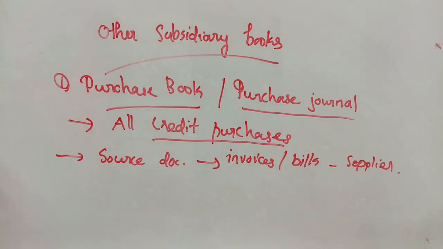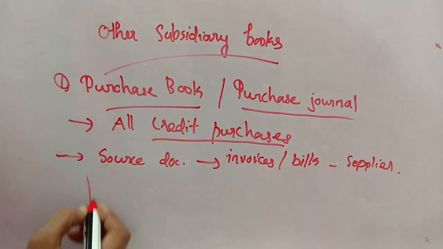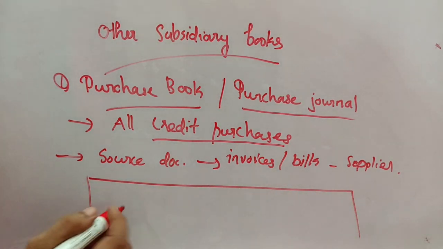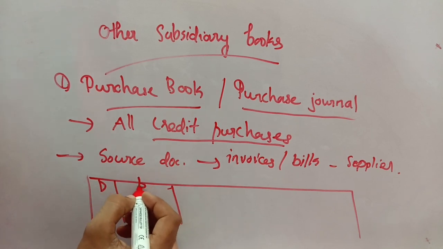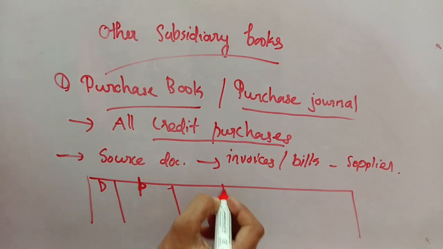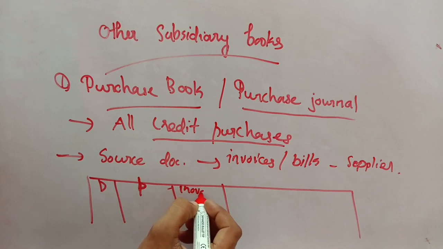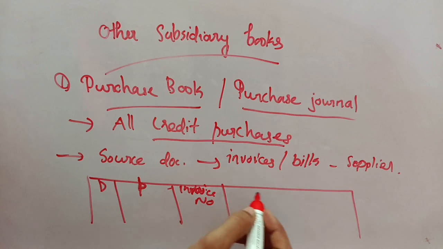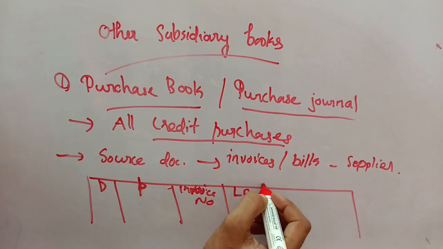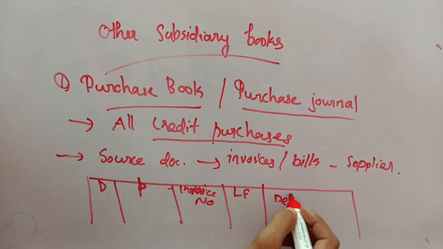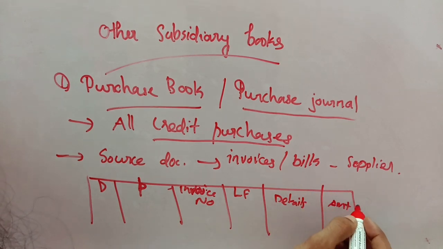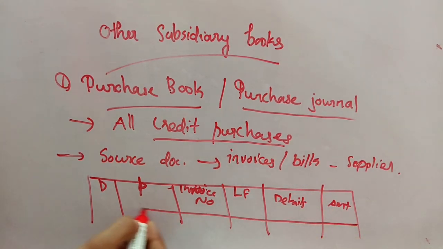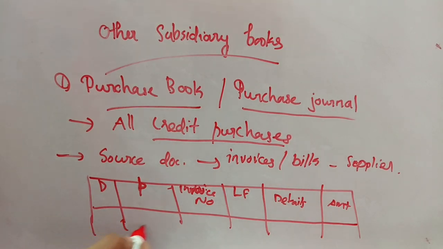The format of a purchase book contains a date column, then a particulars column, then invoice number, then ledger folio, then details if any, and the total amount column. This is the format of a purchase journal.